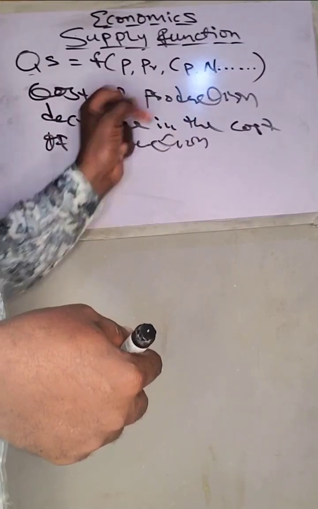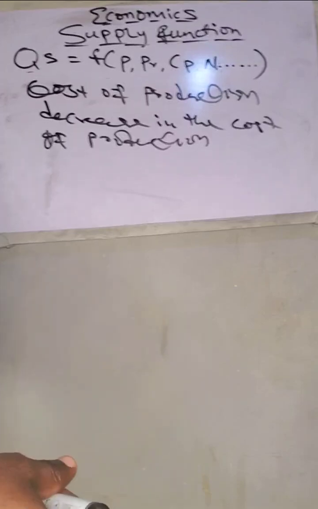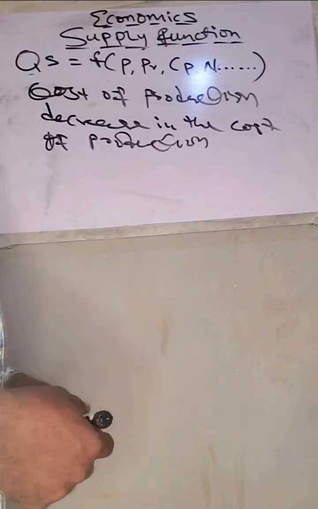But an increase in the cost of production leads to a decrease in quantity supplied.